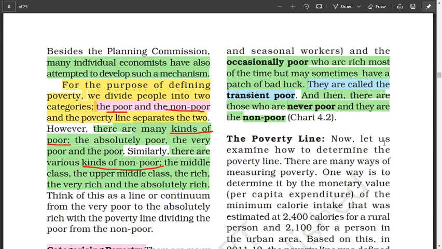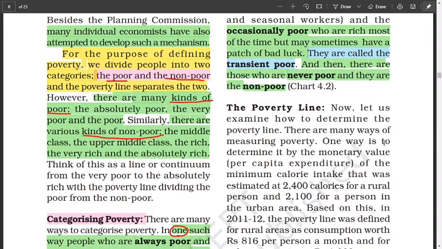After we have that process of identifying the poor, we can know how many of them there are and how to approach and help them. So that's about the identification of poverty. After that process, we need to classify poverty into some categories.